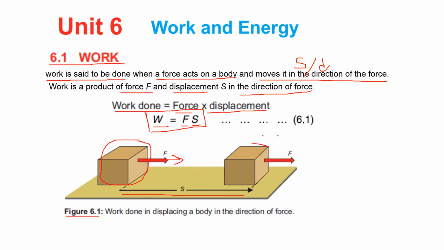So this S is basically the distance that is covered by the body. Now you see that the direction of force and the distance covered by the body are parallel to each other. So work is done when there is a force and there is a distance. Then we can say that a body is performing work.